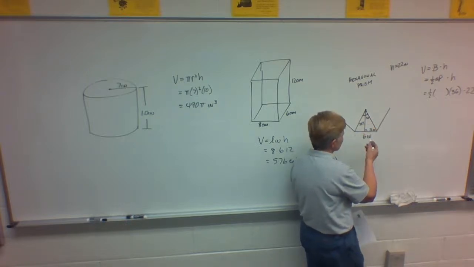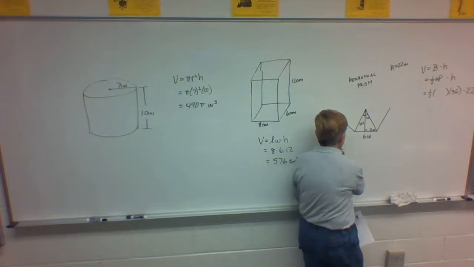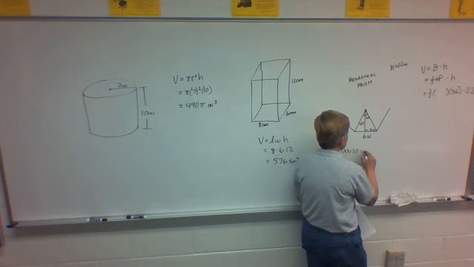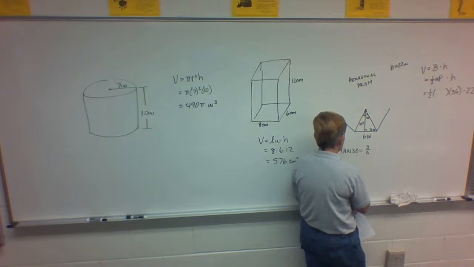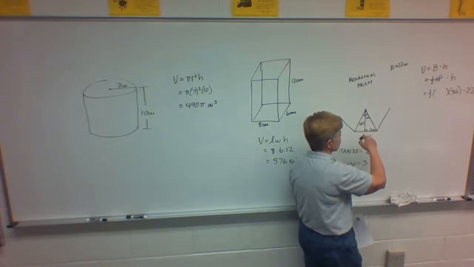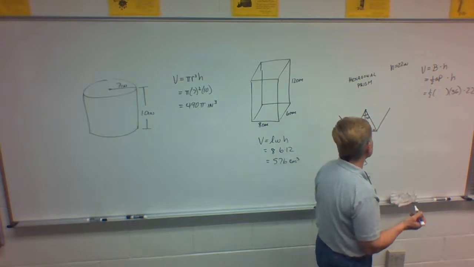Or you can do the trig on it, which would be the tangent again. Tangent of 30 is equal to 3 over A. A tangent of 30 equals 3. A equals 3 divided by the tangent of 30. If you forgot your 30, 60, 90 relationships. But if you remember them, then going from the short leg to the long leg, which is the apothem, is easy.